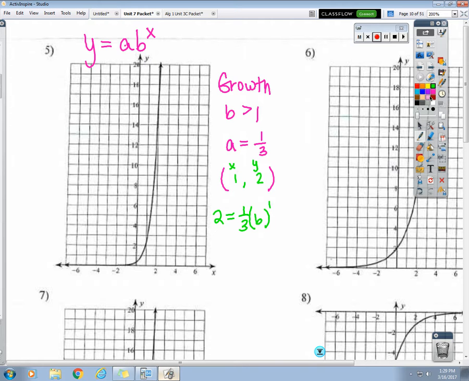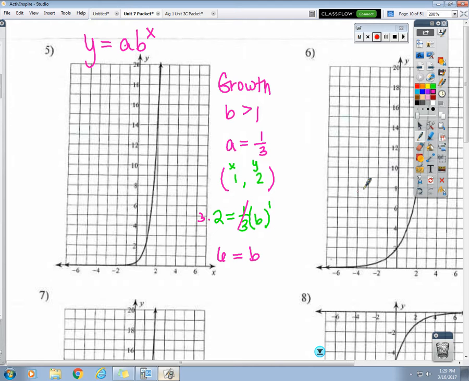Now how do we solve for B? Right? You can either divide by 1/3 on both sides or multiply by 3 on both sides and you get 6. And then isn't B to the first just B? So that's why it makes it very easy whenever you can pick a point with an X value of 1.